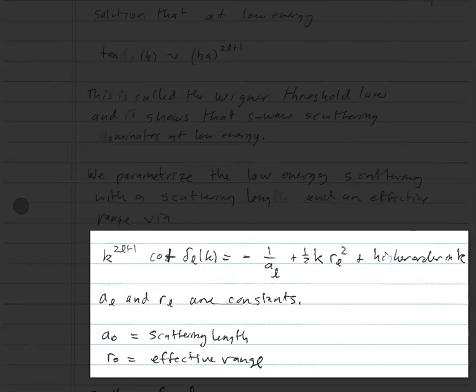When we let L equals 0, the specific one, a_0, is called the scattering length, and the specific one, r_0, is called the effective range. So this is just a set of definitions here.